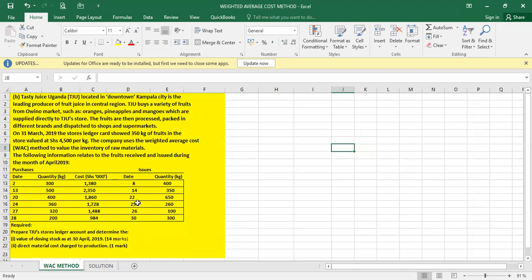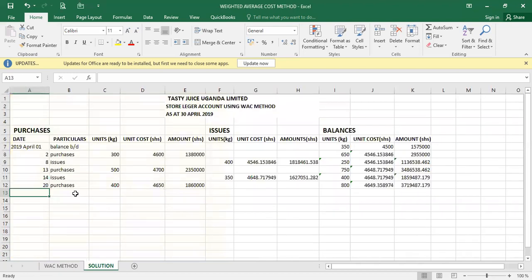Then on 22nd, we issued out 650. We issued out 650, it is on 22nd. These are issues. We don't mind about the number of units we are issuing.